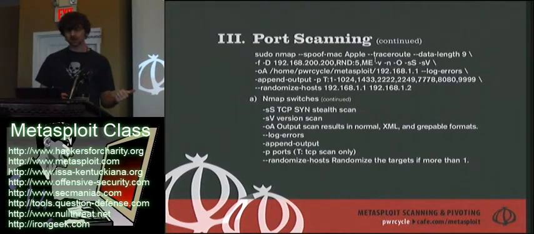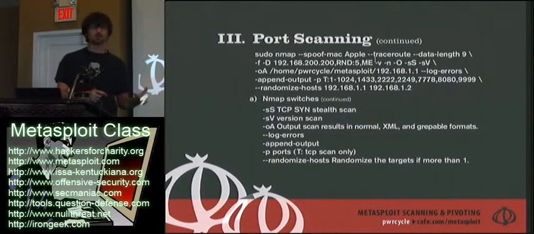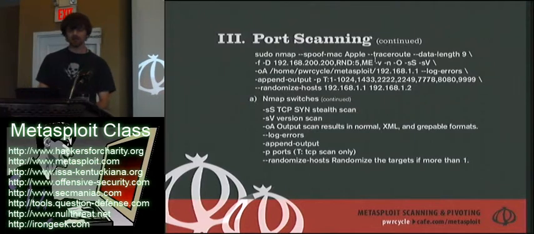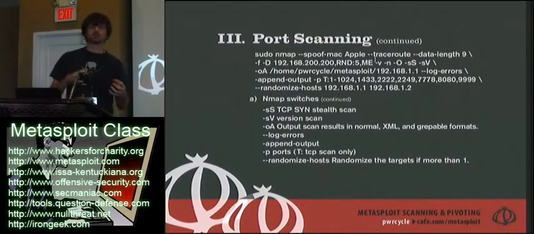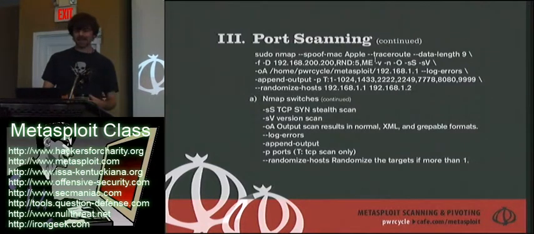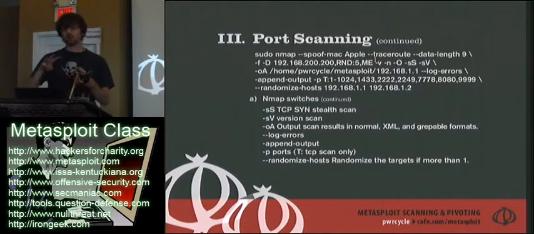The next one, -oA. This is the difference between Metasploit and Nmap. -o tells it I want the output, and the A says I want all of the output. There are three files that Nmap will create. One is a .nmap, one is .grep, and one is .xml.